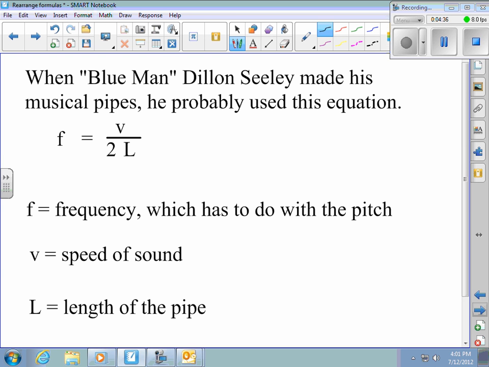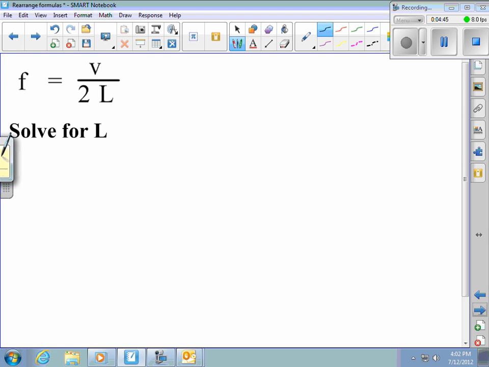So F = V over 2L is an equation that you could use to create a musical instrument. If you want to know what length to cut the pipes, then you want the L all by itself. Right now it's in the denominator, so to get it out of the denominator we need to do the opposite of divide.